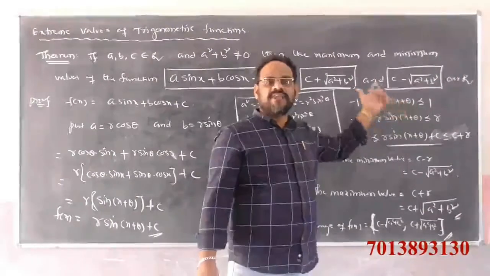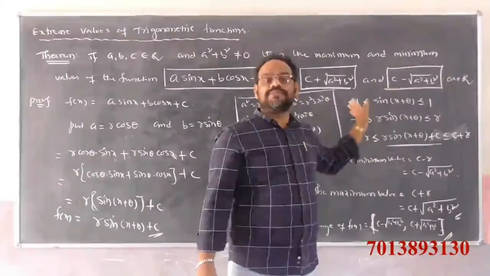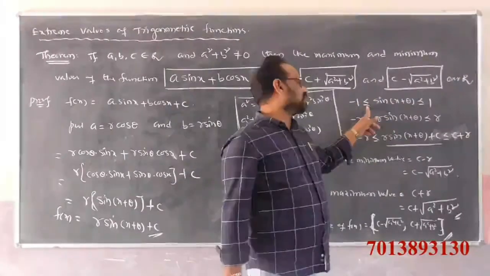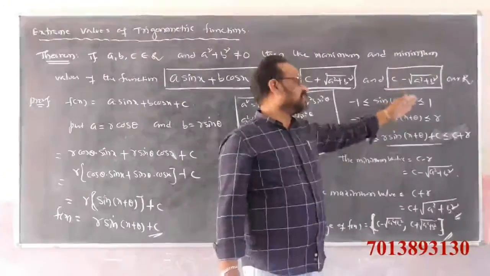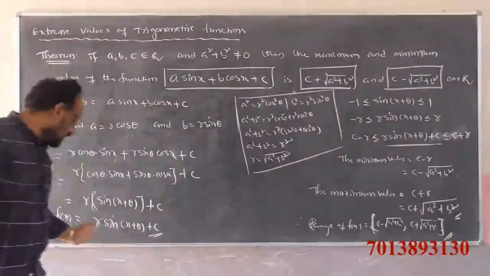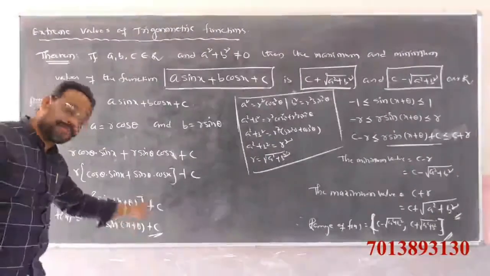So the sin function always lies between minus 1 and plus 1, including minus 1 and plus 1. That is, minus 1 is less than or equal to sin of x plus theta, which is less than or equal to plus 1. But here the function is r times sin of x plus theta plus c.